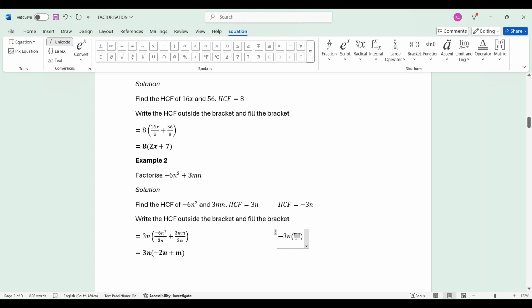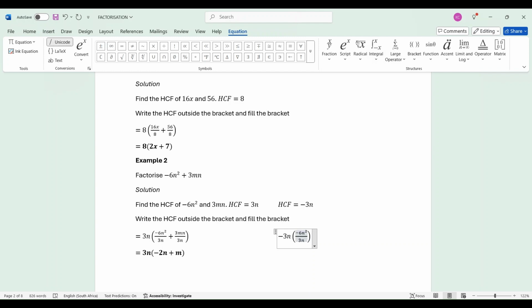Then inside the brackets we are going to have the negative 6n squared divided by a 3n.